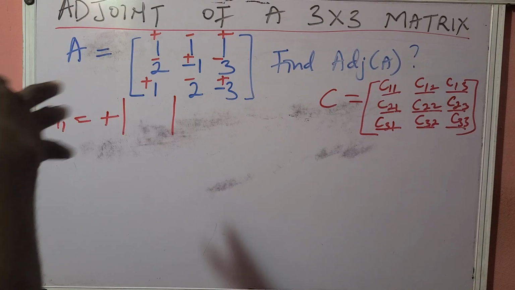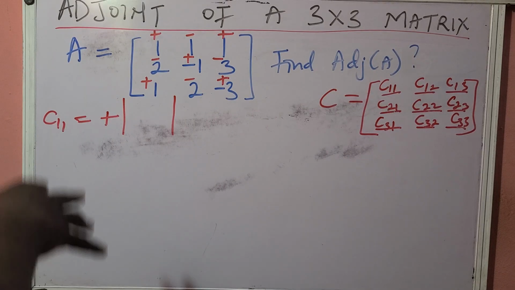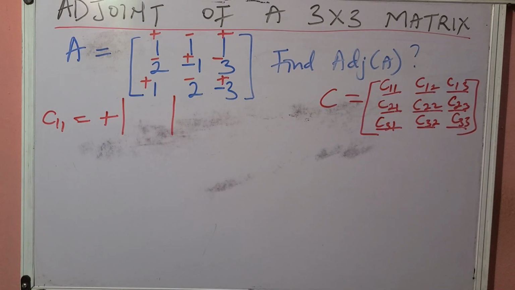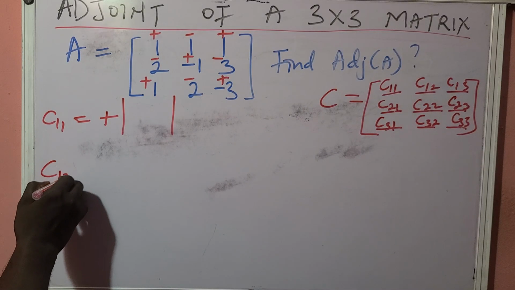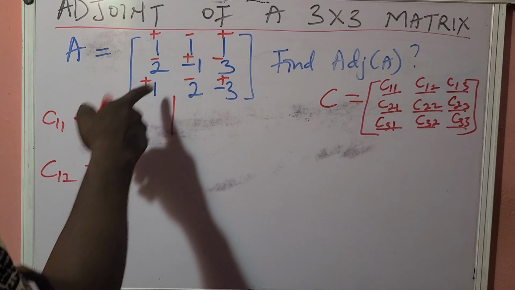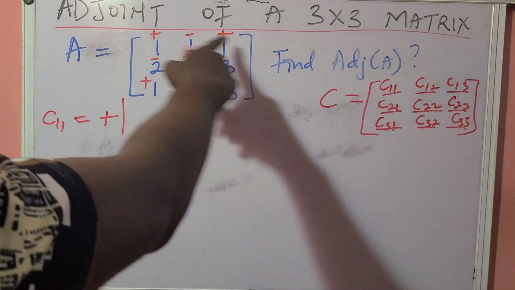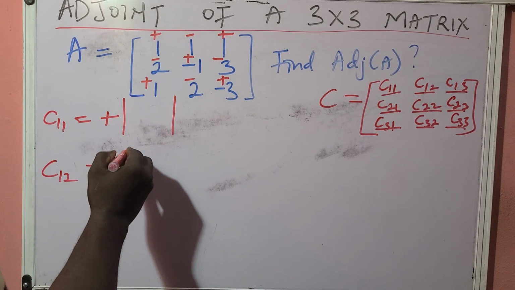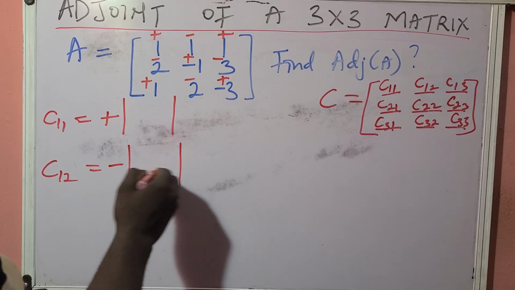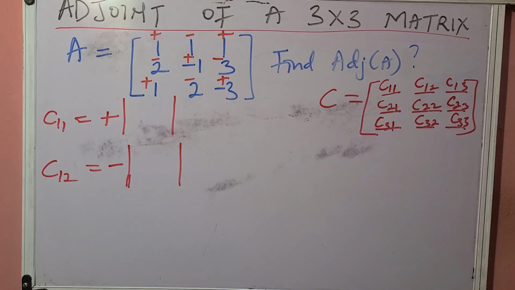So let's go on to do about 3 different cofactor elements so that you will be able to understand the procedure. So we can go on to write C12. Looking at the sign for C12, this is a negative sign. So you put the negative sign and open up determinant braces also.